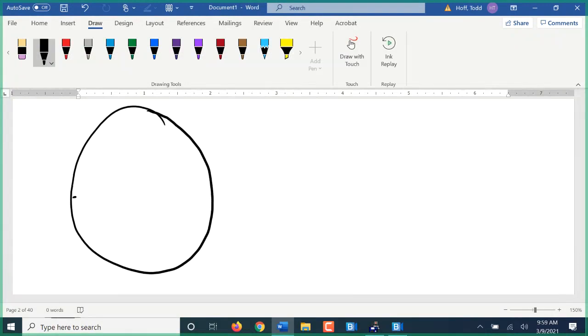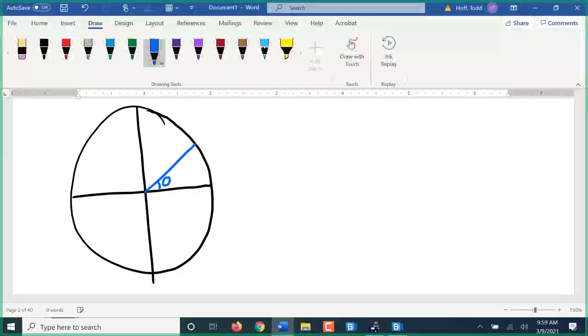In my unit circle, if we had our angle right here, that's our angle theta. This distance right here, if I bring that sine down, is the sine of that angle.